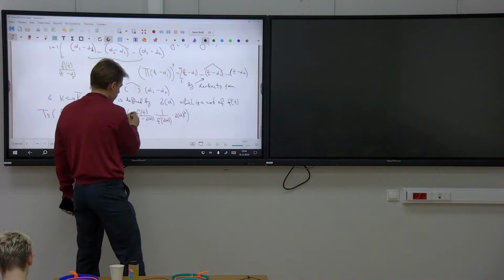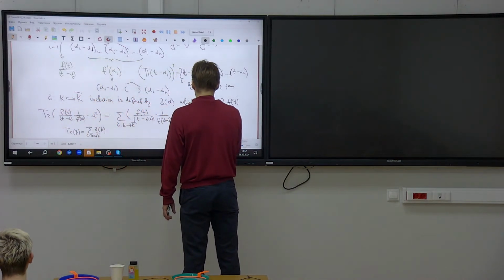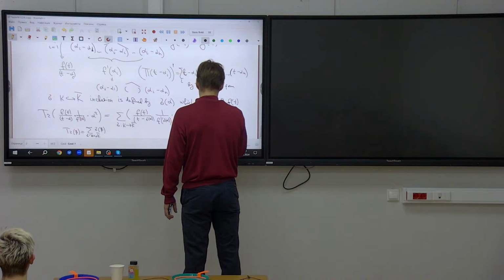This is the formula with the alpha I's, of course.